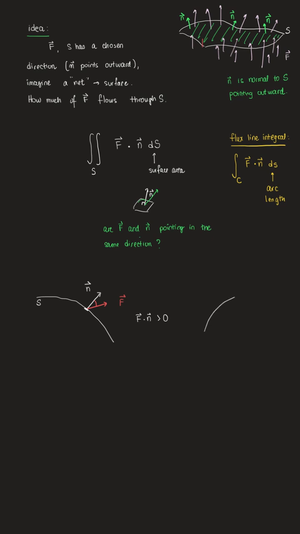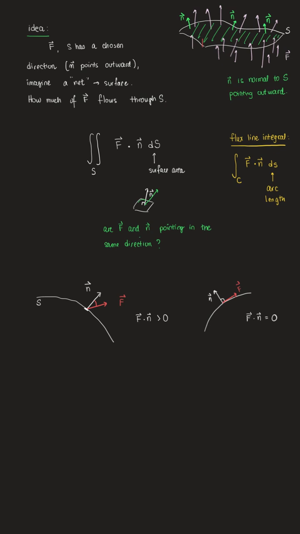On the other hand, if we have our outward normal from the surface looking like this, and one of my vector field vectors looks like that, and we have a 90-degree angle, then you can see that the vector field vector is not pointing at all in the direction of our normal. So we should expect that the dot product would be equal to 0.